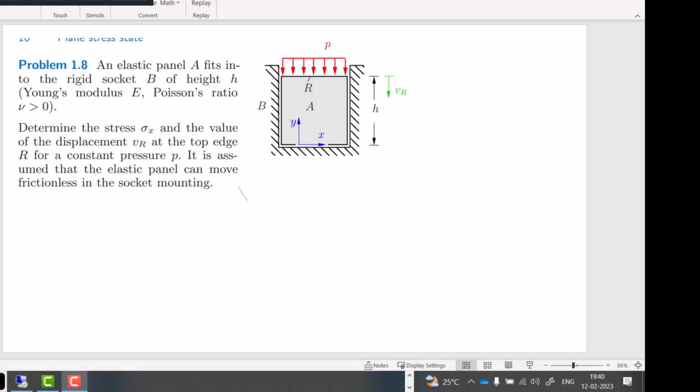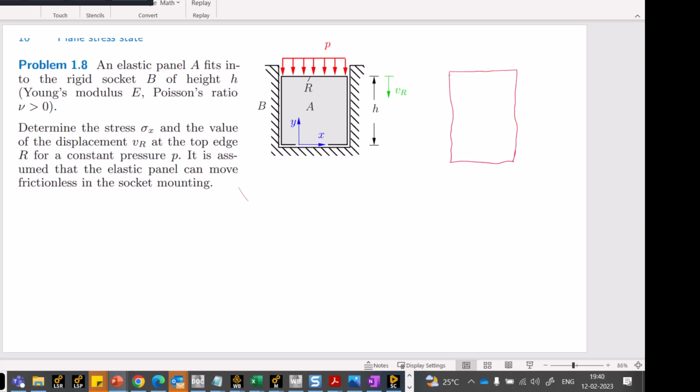So let's first try to draw a free body diagram. If I draw a free body diagram for this block, it's going to look something like this. On top, there is going to be some pressure, and at the bottom, taking x and y directions, there is going to be some stress.